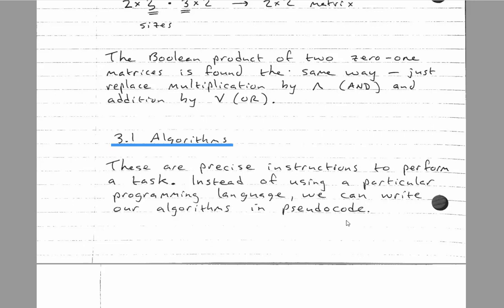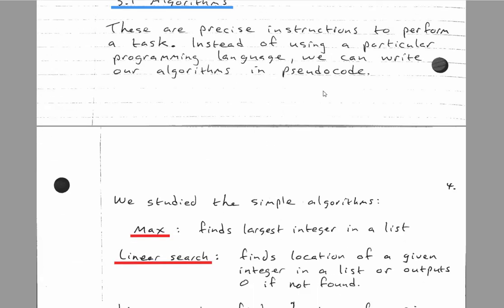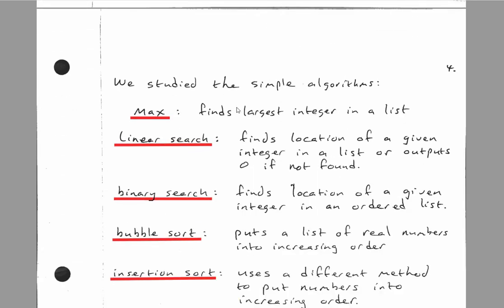And we wrote our algorithms in pseudocode, just kind of a fake programming language just to get the ideas across. In this section we studied some simple algorithms. Max, that finds the largest integer in a list.